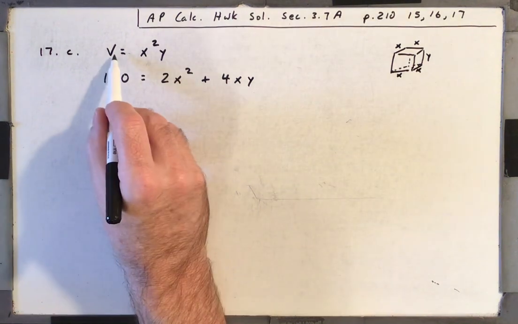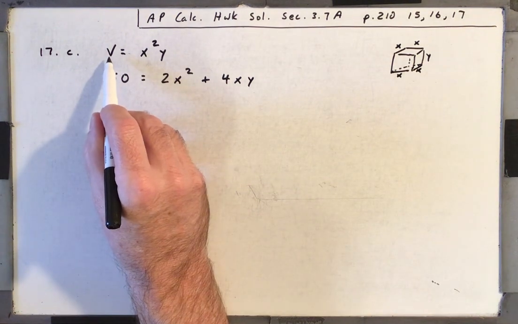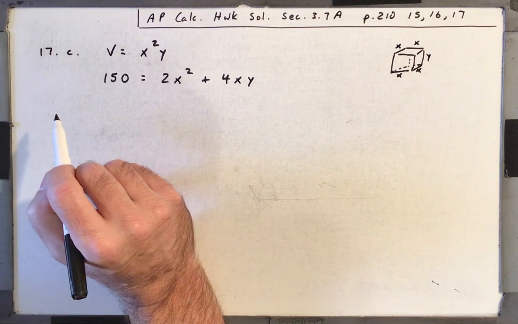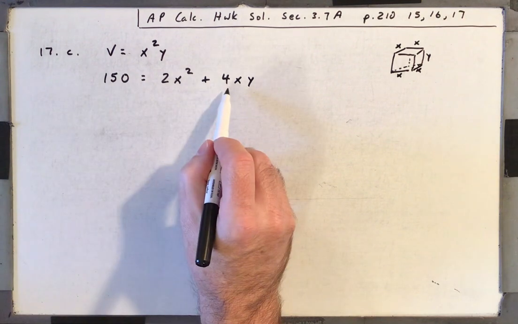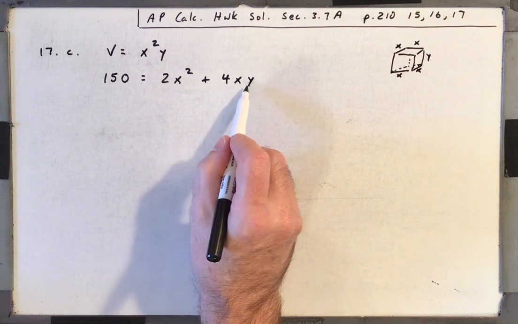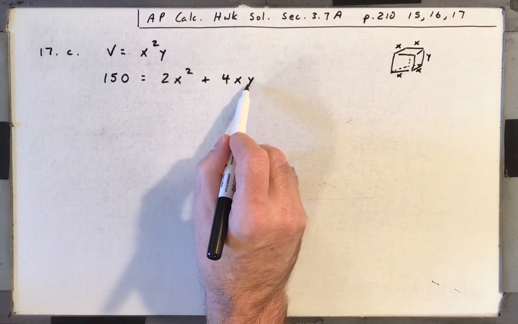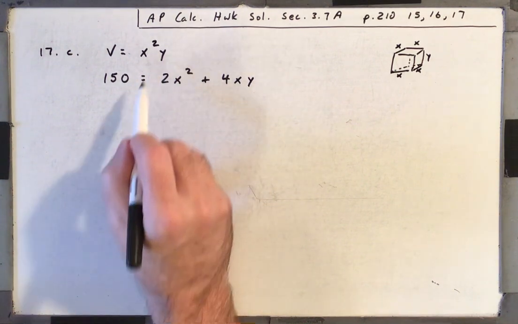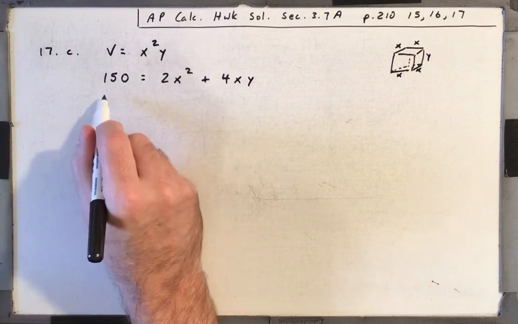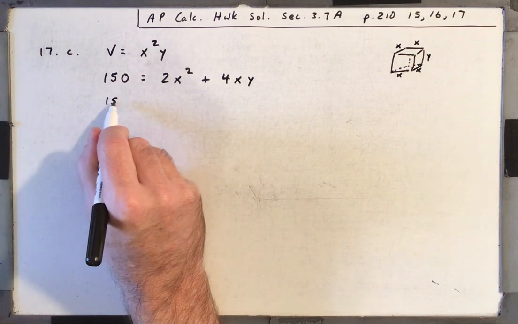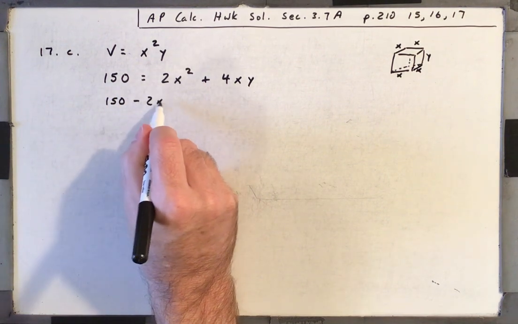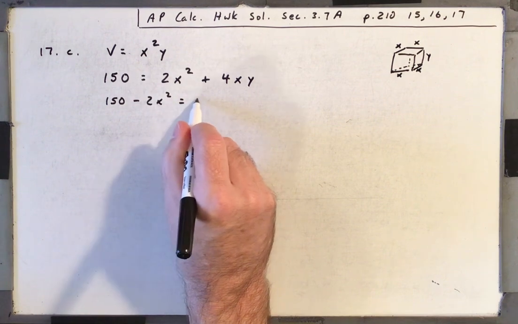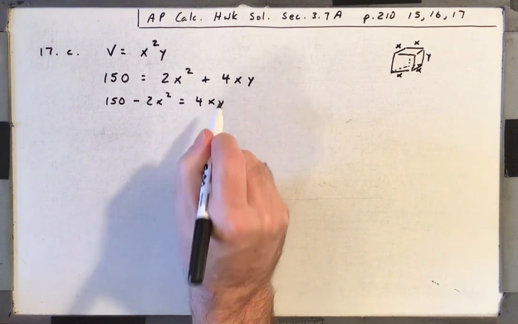Okay, we know we're going to have to take the derivative of volume. That's what we're trying to maximize. So I'm going to need to solve, and I think the easiest one to solve for, since there's only one y, let's solve for y and plug that in. So I would have 150 minus 2x squared is equal to 4xy.